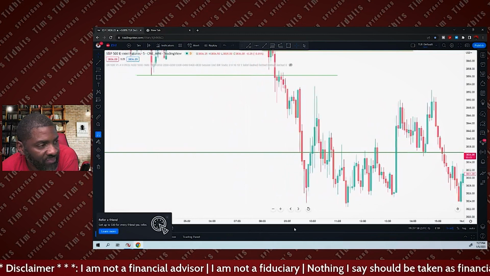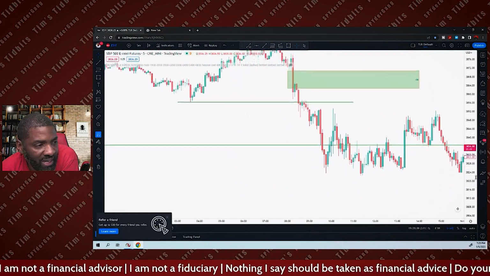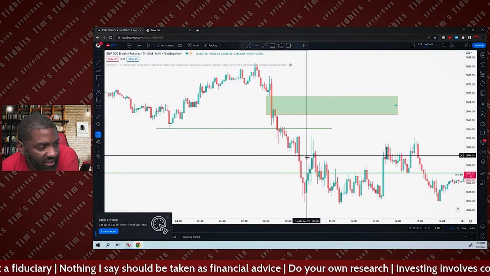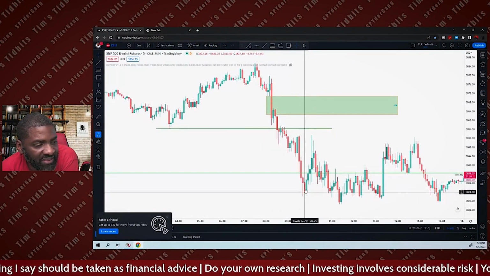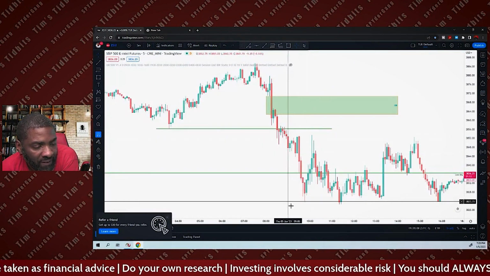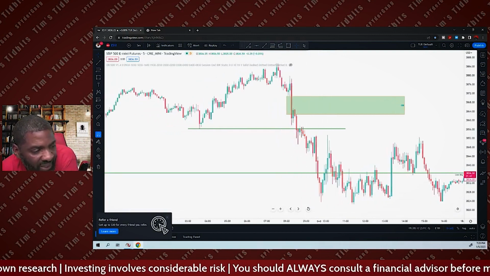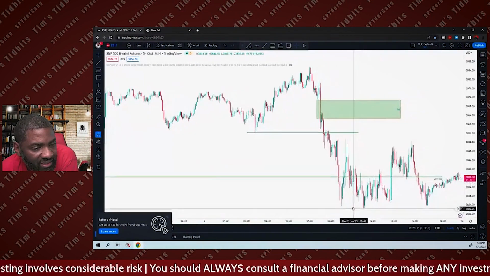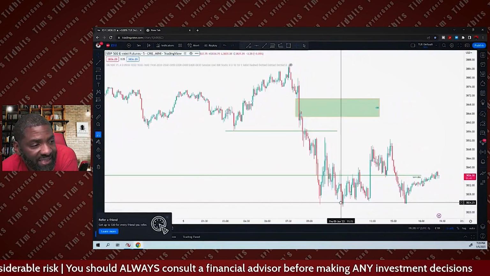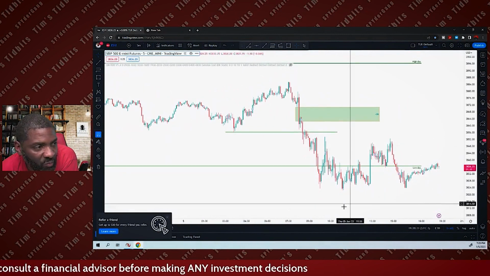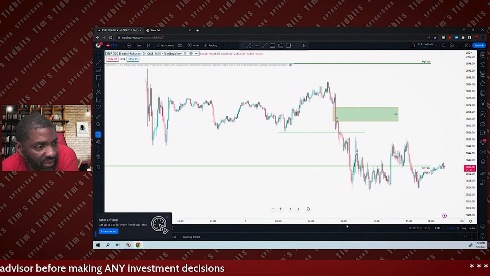That's why I keep my higher time frame information on the chart, knowing we just took out sell side, right? Anytime we take out sell side, I'm anticipating the market to go back to at least equilibrium. I'm looking for it to go back to at least equilibrium.